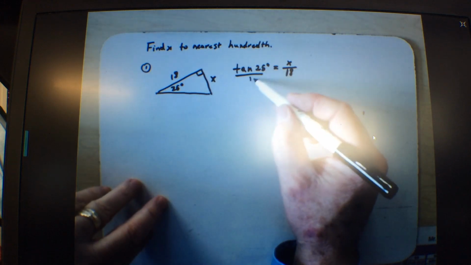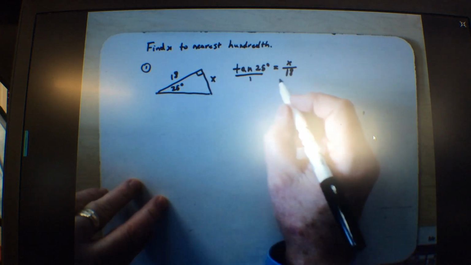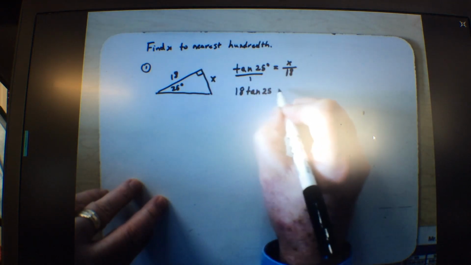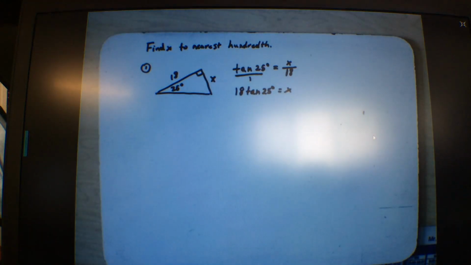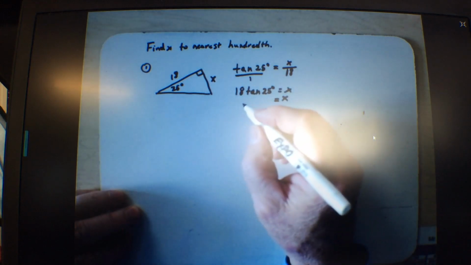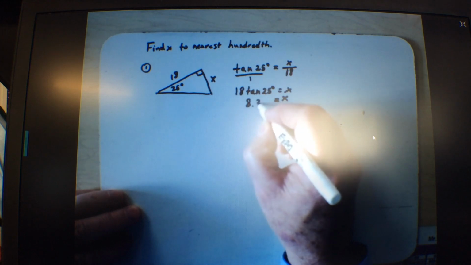So I put tangent 25 degrees over 1. It's always over 1. I cross multiply, and I take 18 times the tangent of 25 degrees equals x. On your calculator, push 18 times tan of 25 degrees and hit equals, and it'll tell you how big that side is. We want it to the nearest hundredth: 8.39. That is correct.